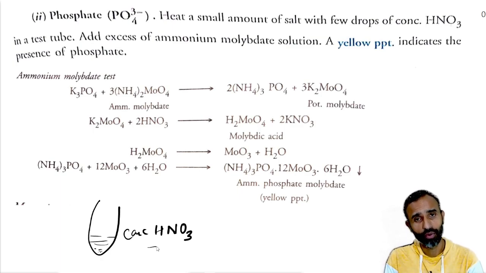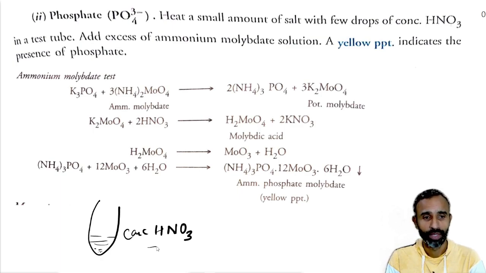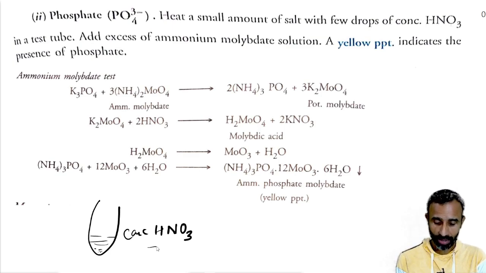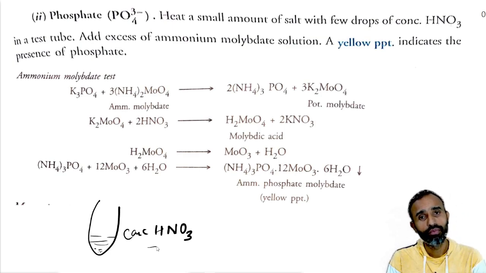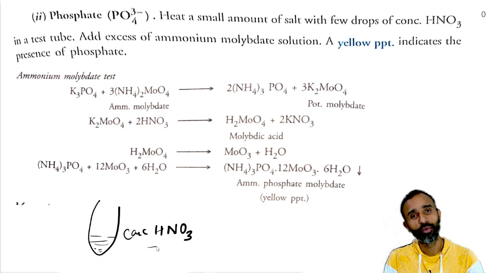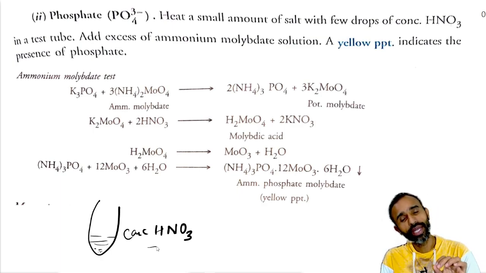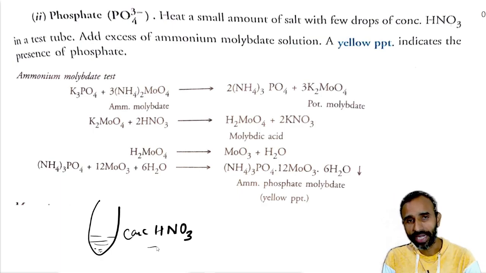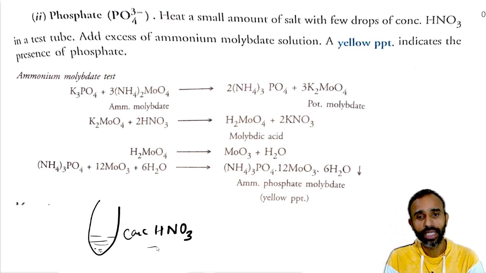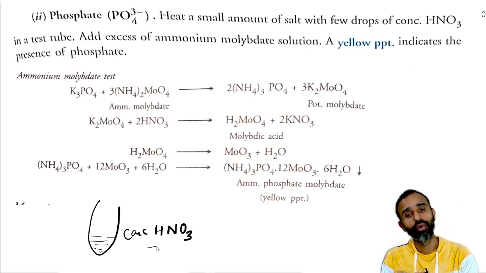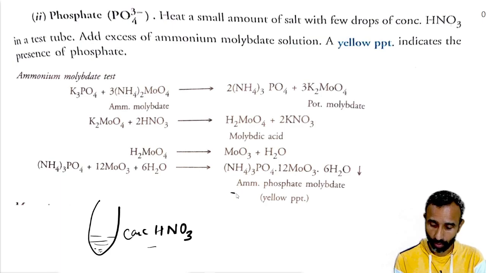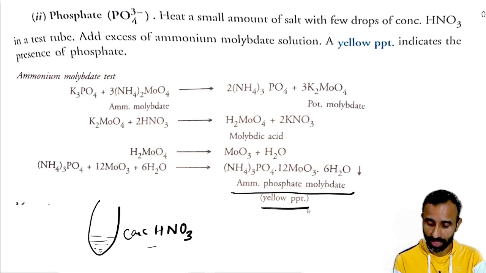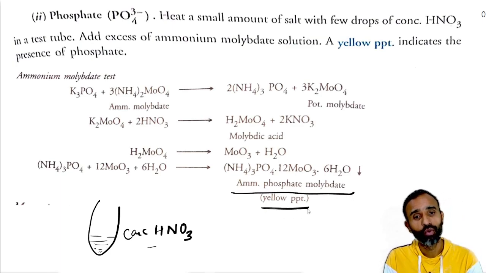If there is a phosphate, it turns into H3PO4, and then we add excess amount of ammonium molybdate, and when ammonium molybdate is added, we get yellow PPT, which is ammonium phosphomolybdate, that is of yellow color.